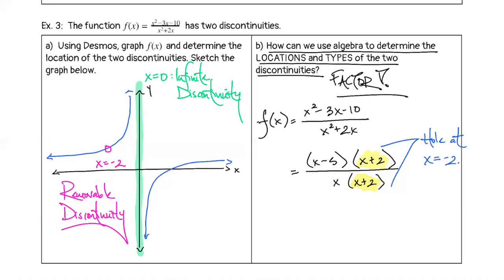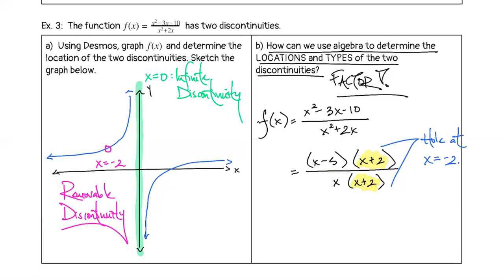That's something we learned in the past, but now we're connecting it to what we're doing in calculus. So that common factor gives us that hole, or removable discontinuity, at x equals -2.